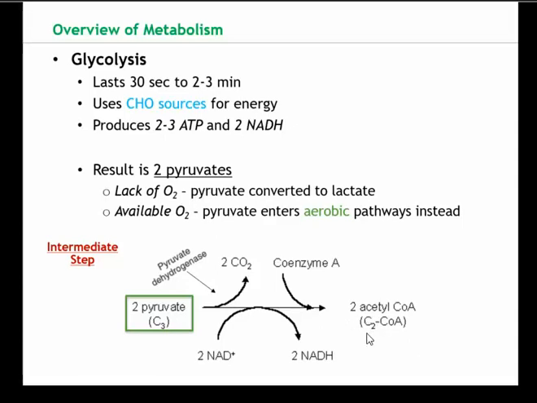Then coenzyme A is added to the two-carbon molecule to form acetyl-CoA. So one pyruvate equals one acetyl-CoA. Since we had two pyruvates, that equals two acetyl-CoAs. So two carbons carry over and combine with coenzyme A to form acetyl-CoA.